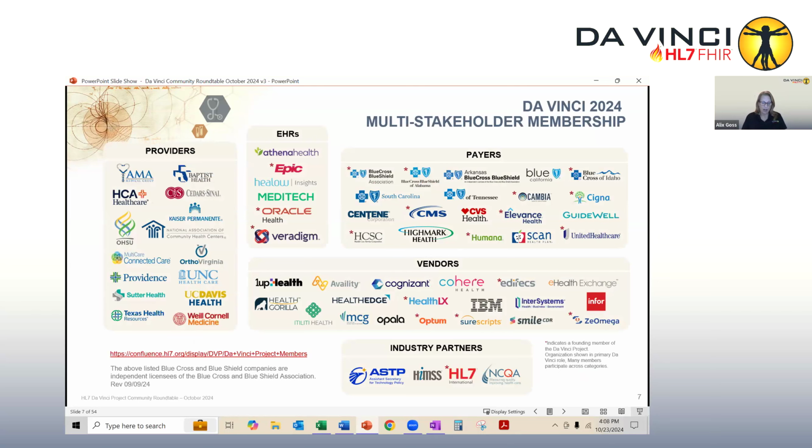We're thrilled to have Avinash Shanbag filling ASTP's designated seat, and also Matt Ron, who's sitting on the operating committee. If you'd like to learn more about Da Vinci's governance structure and related membership opportunities, please reach out to me or to the Da Vinci PMO at POCP.com mailbox. There are also additional slides on membership and my contact information at the end of this slide deck that we'll be posting.